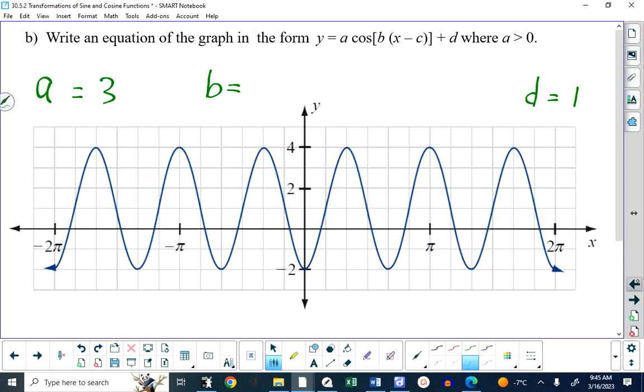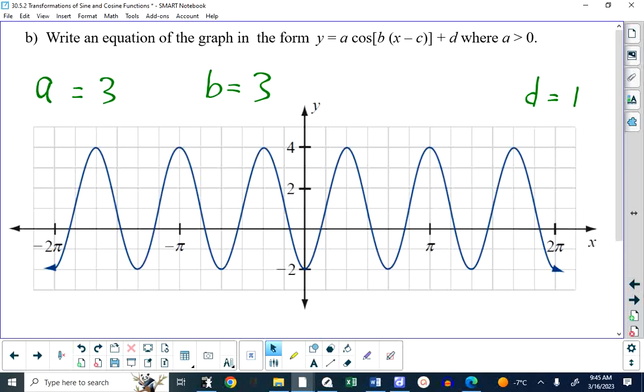And b is still 3. None of that changes. It still repeats every 2 pi over 3, so b is 3. It still has an amplitude of 3, so a is 3. The midline vertically of the graph is still at 1, so d is still 1. The only thing that changes is this.